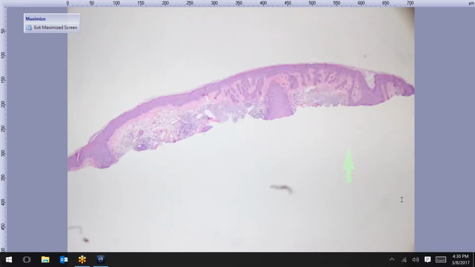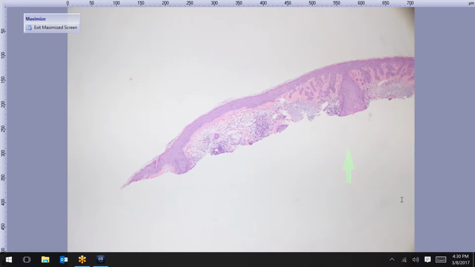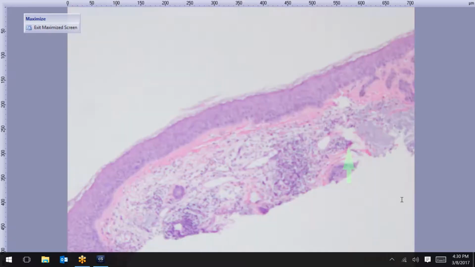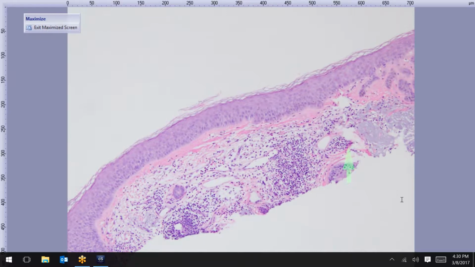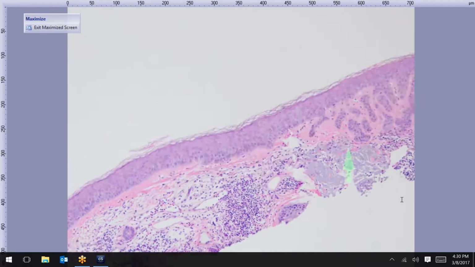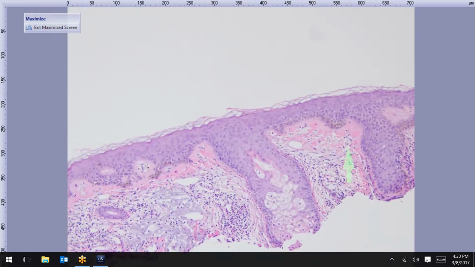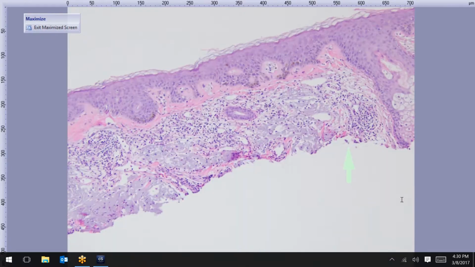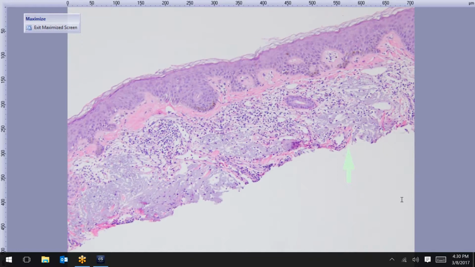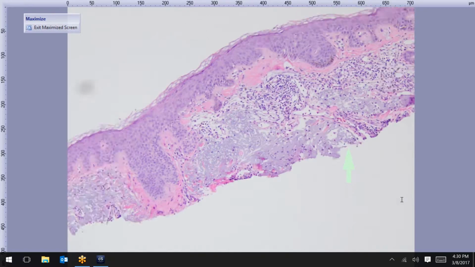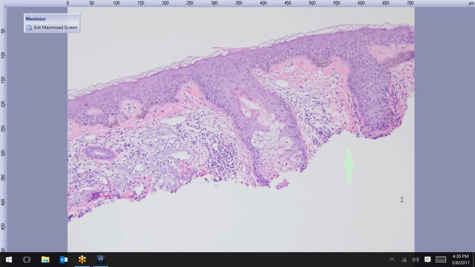All right. This is submitted as a rule out BCC. I often get these in the lab. Rule out BCC, say on the cheek or the nose. And we just get this inflammation that's perivascular, also a little bit perifollicular.